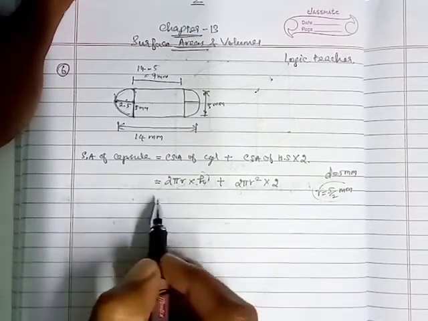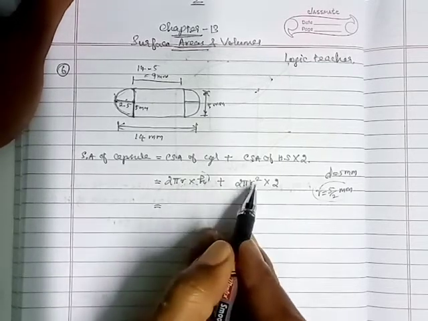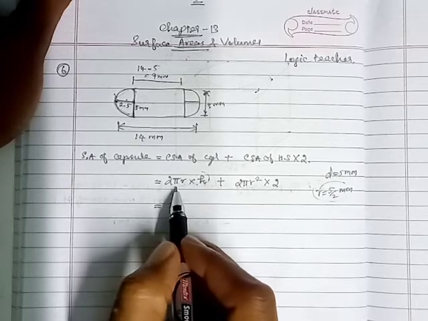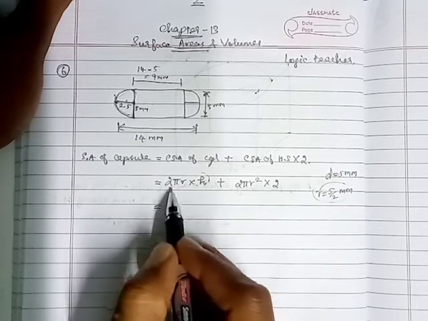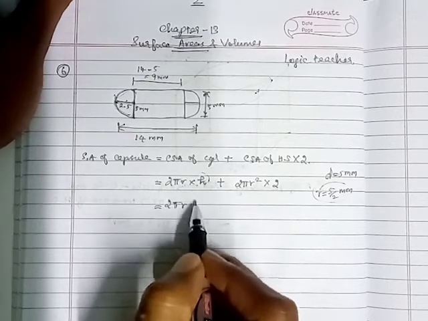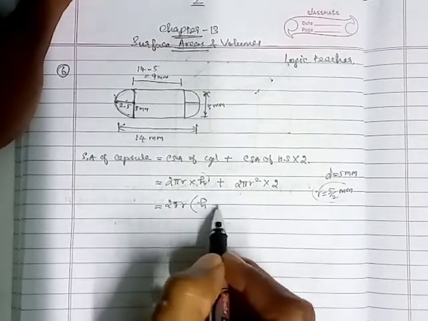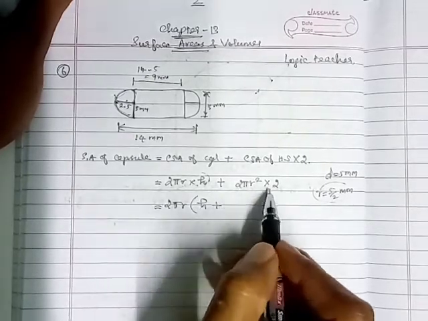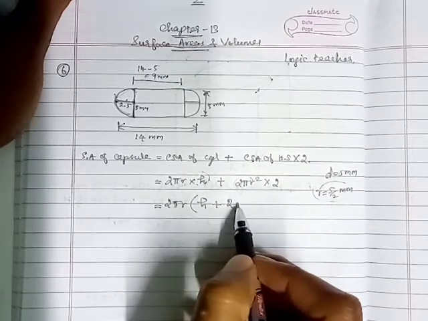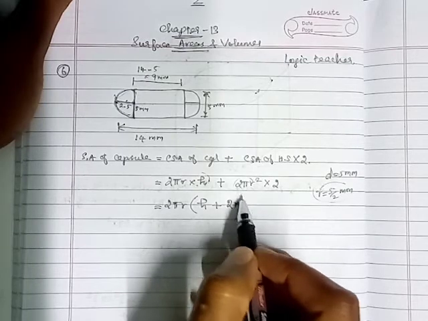Now we have to simplify here itself. How can we simplify this? Take the common terms. 2 pi r is common. So we have one h here, plus one more r here, 2r.